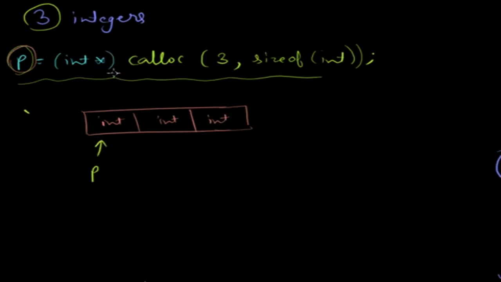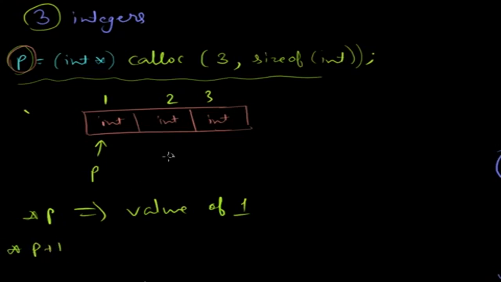Now how will you access the integers of the second and third block? To access the integer of the first block, you say *p. So it will give the value of 1, right? When you say *(p+1), p+1 actually points to the second. Just now we did pointer arithmetic.